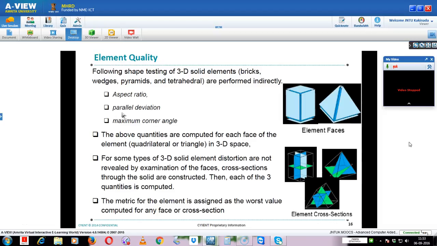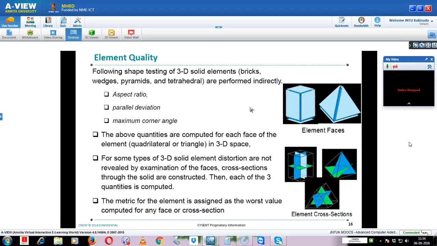Generally, some of the element shape checks we perform are aspect ratio, parallel deviation, and maximum corner angle. These are generally performed for bricks, wedges, pyramids, and tetrahedral elements. These quantities are performed for each face of the elements.